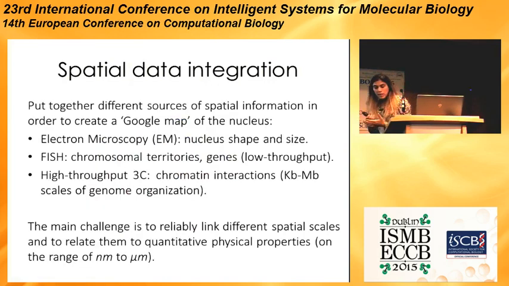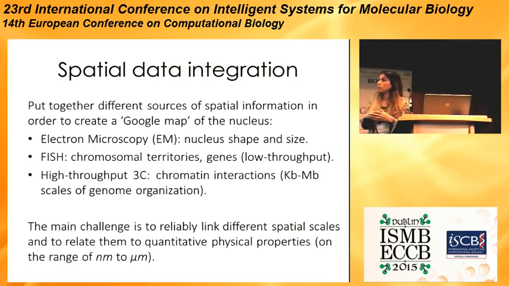So, spatial data integration: if you think about the different sources of information that we have, electron microscopy can tell us something about the shape of the nucleus and its size. Then we have FISH that can tell us about chromosomal territories, their size, where they're located, and about genes. Even though it's low throughput, it's some information.